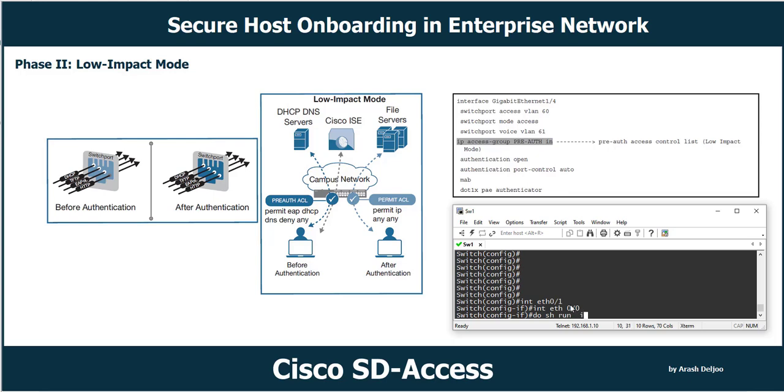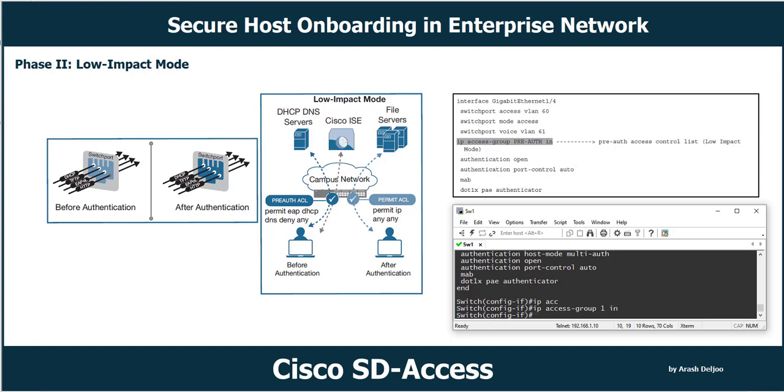And then for the interface ETH00, we have the previous configuration here. We only need to add IP access group and the name of your ACL, for example ACL1, and after that the inbound direction. Actually, this is the pre-authentication access control list, and it means that I want to implement low impact mode.